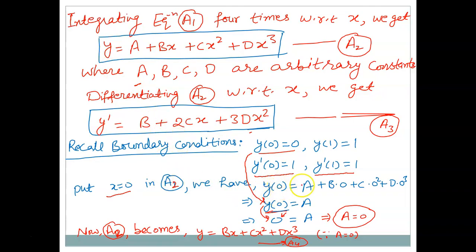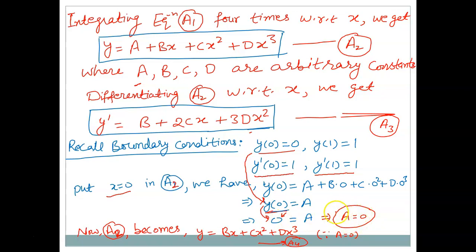On the right hand side you have a. But y at 0 is given to be 0 in the given condition, so a equals 0. That means we have obtained the value of a equal to 0.